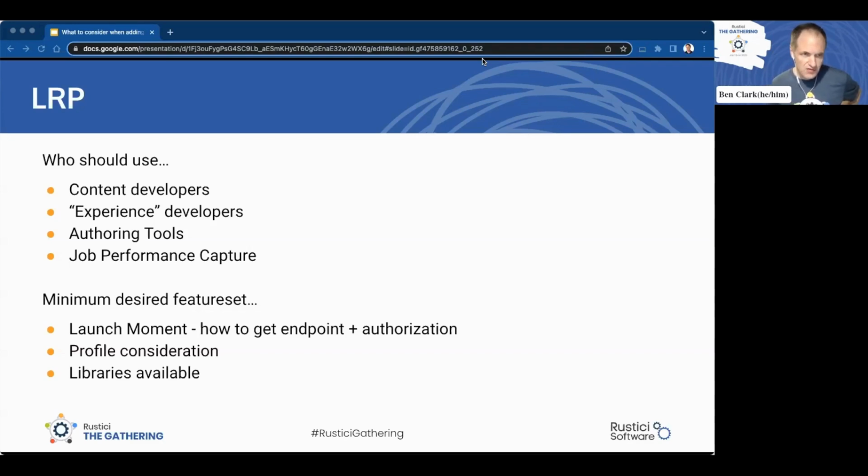So for LRPs, yes, content developers, experience developers, and there's a little bit of distinction here. When I talk about content, I'm talking more about your traditional page turner e-learning content you would expect, and experience being all the more non-traditional things you might be thinking about doing, like simulations, AR, VR, or even tracking in-person attendance.